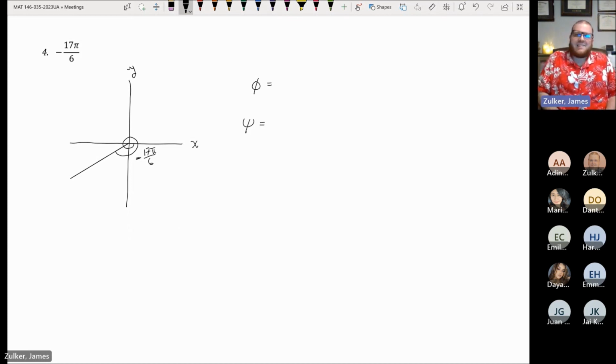In this case, it is going to be easier to find psi first, our negative coterminal.